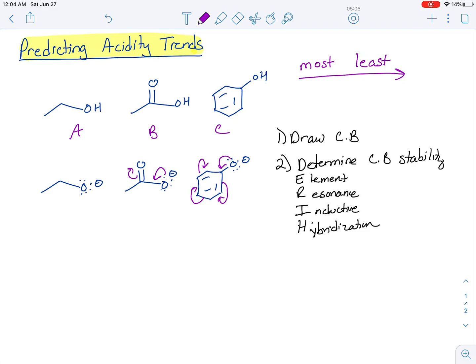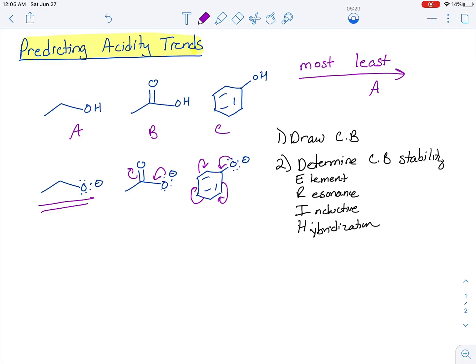But the one that cannot resonate is this conjugate base. Since that is not resonance stabilized, it's one of the less stable conjugate bases, so it's going to be the weaker acid. We can automatically say this is going to be the least acidic.